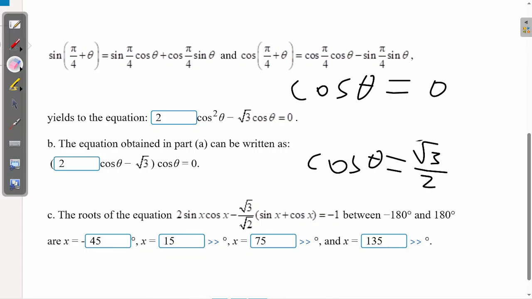Okay, now if you solve for the first equation, you get theta is going to be equal to what? You get 90 degrees.